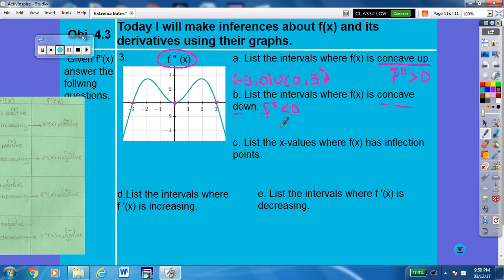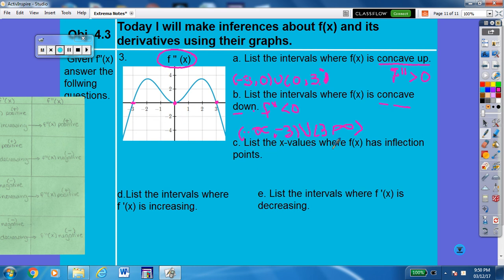And of course, not included, because concavity is defined on an open interval.